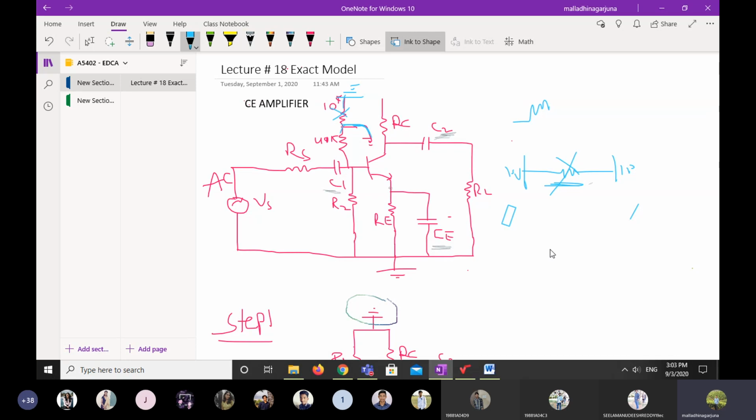Okay, because the 10K is connected between the two grounds. So this is ground connection and this is also ground connection. This is zero potential, this is also zero potential. If two zero potentials are there, what is the voltage drop across the resistor? That is zero. The current flowing through it is zero. There is no use of the resistor. So you can redraw the circuit like this.